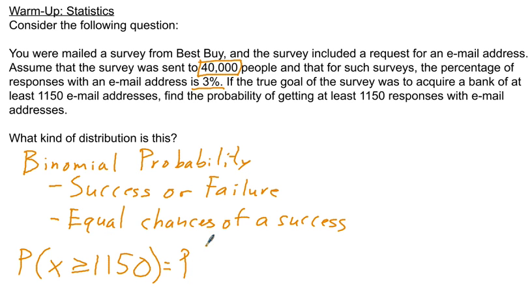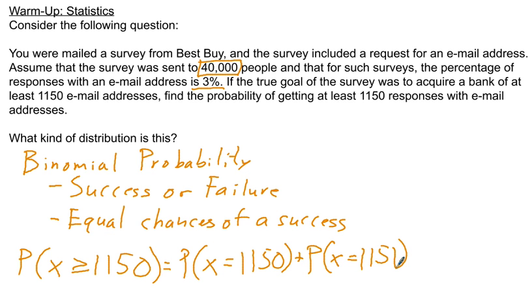So the probability that we get 1,150 responses plus the probability that we get 1,151 responses plus all the way up to the probability that we get 40,000 responses with email addresses. Right? So this is a difficult probability to calculate, and depending on the program you're using, if you're using a calculator, it might not be programmed to be able to go up this far with probabilities.